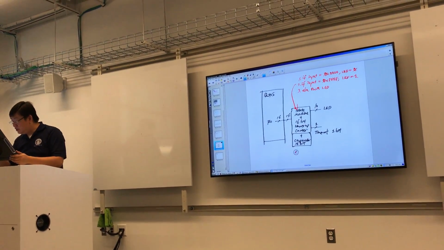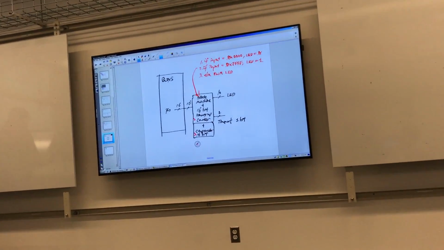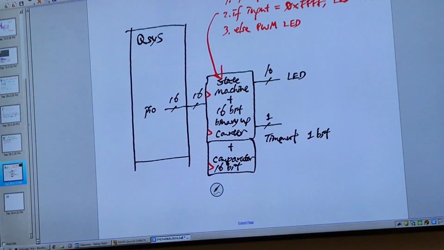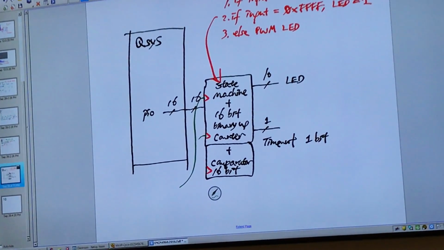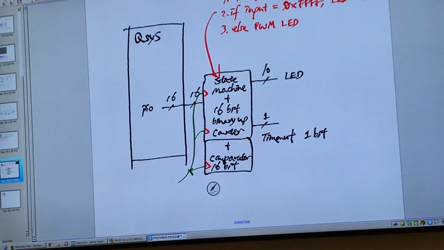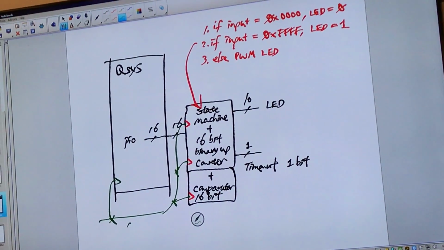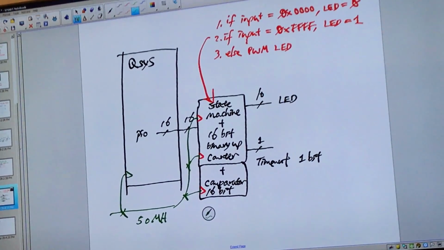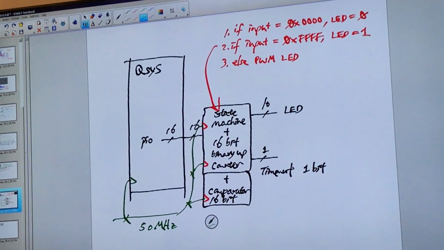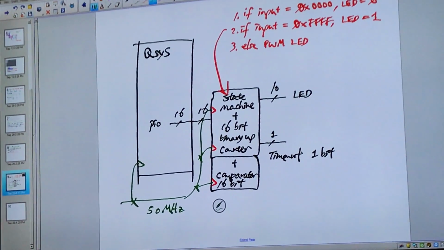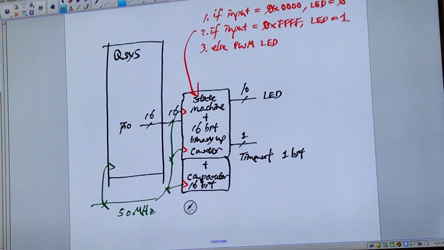So this whole circuit has its own clock, which they are all connected to. So this is clock diagram. Alright? Any questions?